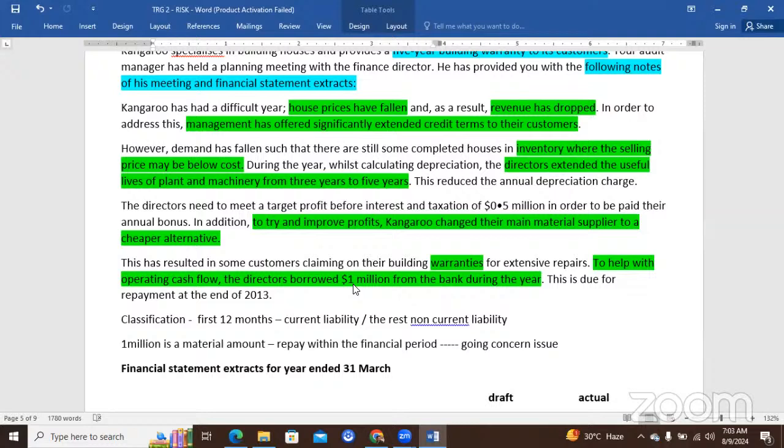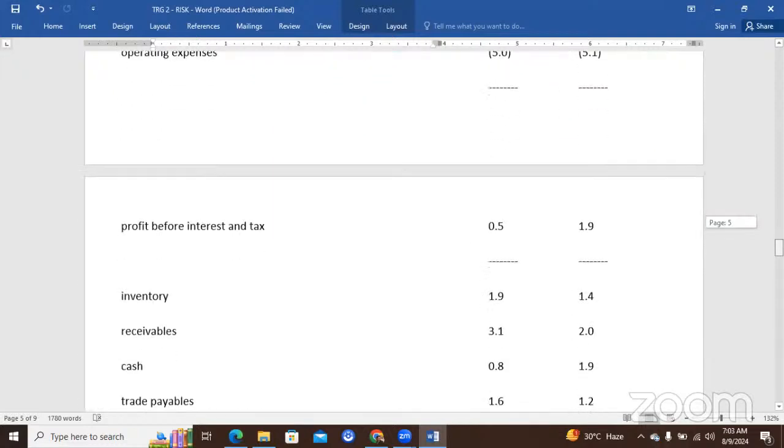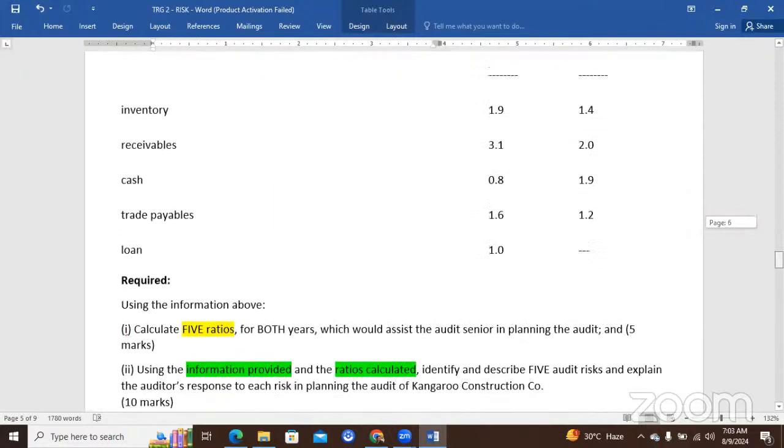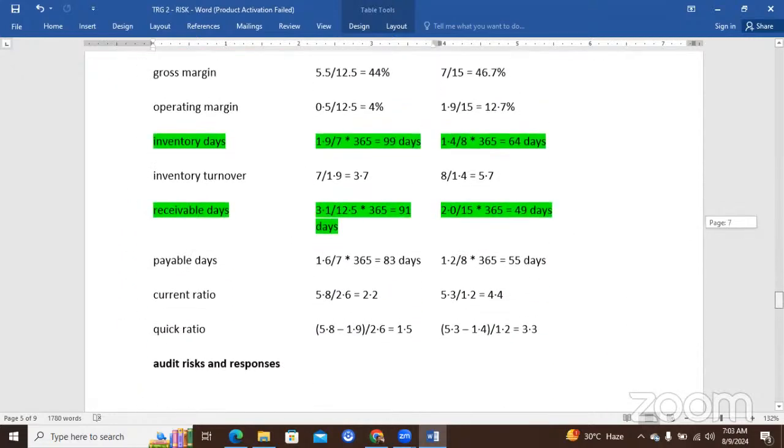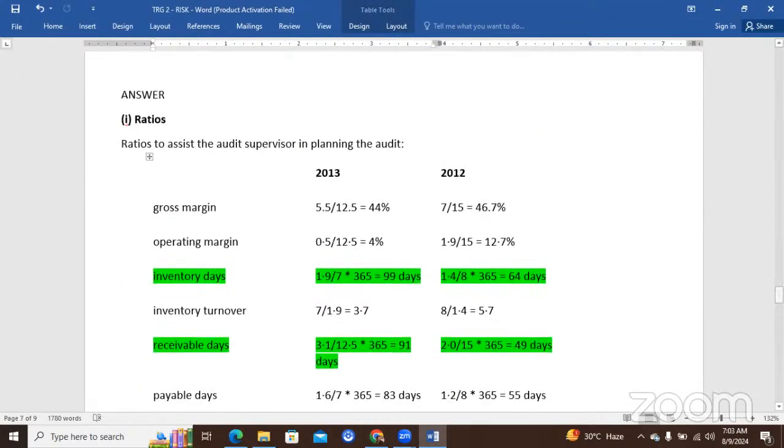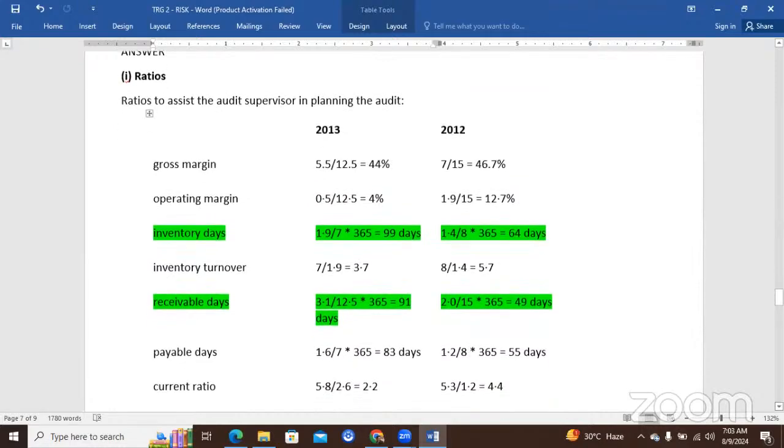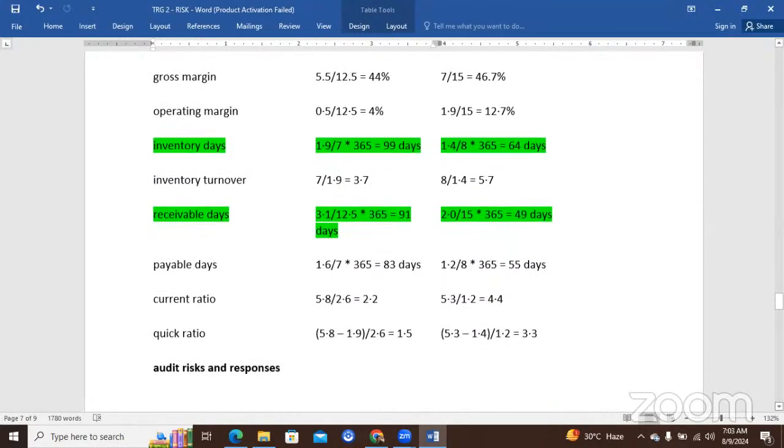Now, the second issue is that if we are going to repay this loan at once within the 12-month period, there is a going concern issue. Also, through our computation, the ARP, if you look at profitability, gross profit margin is reduced, operating profit margin is reduced, payable days increase, and current and quick ratios are significantly reduced.